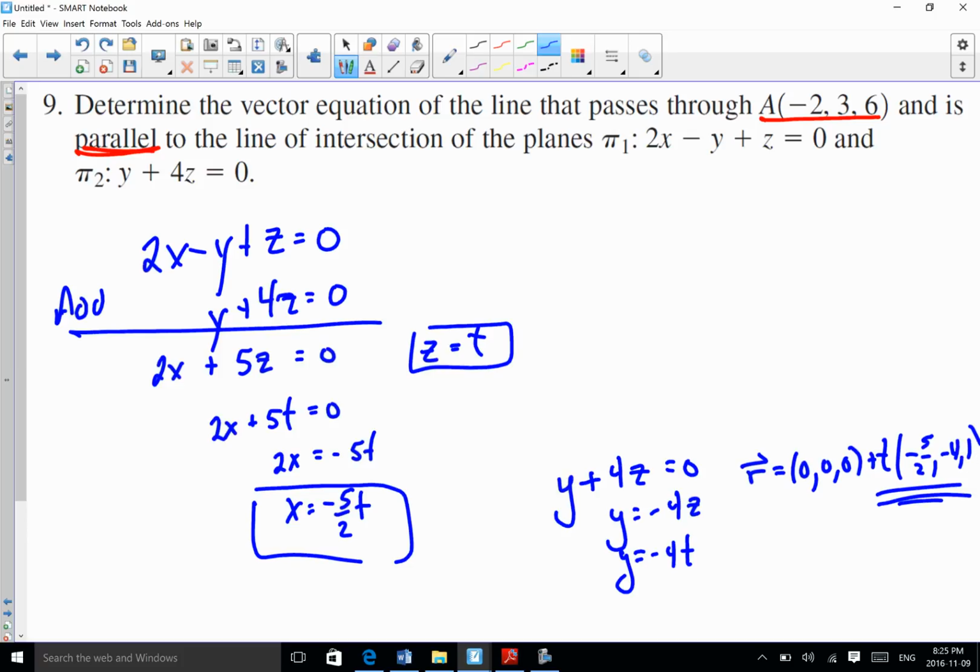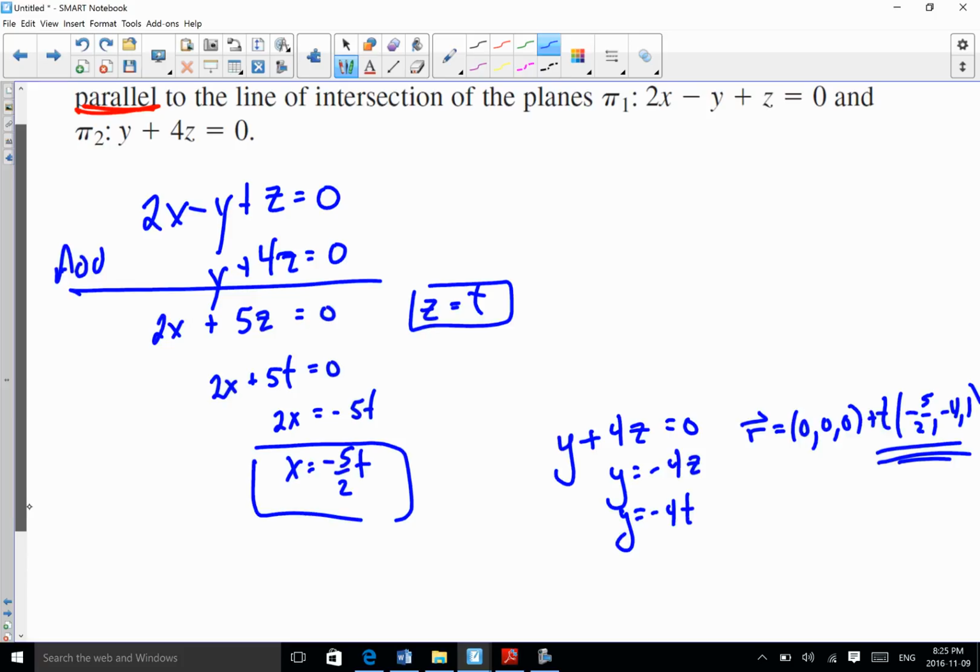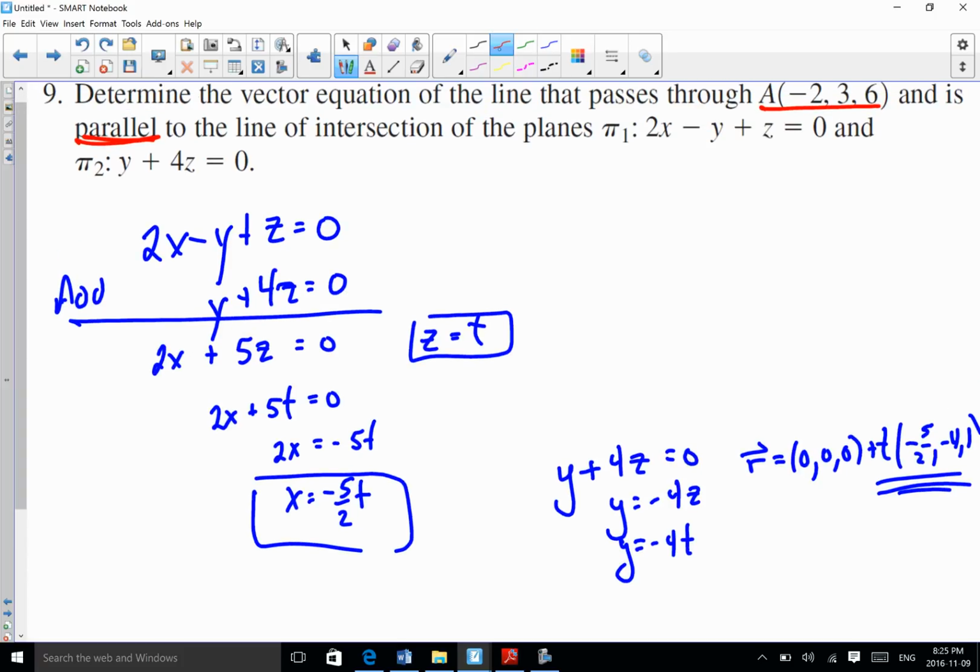That's the key piece for us. We're making the vector equation of a line that has to go through the point A, so negative 2, 3, 6, and parallel to the line we just made. So using different parameters, use the letter s, negative 5 halves, negative 4, and 1.